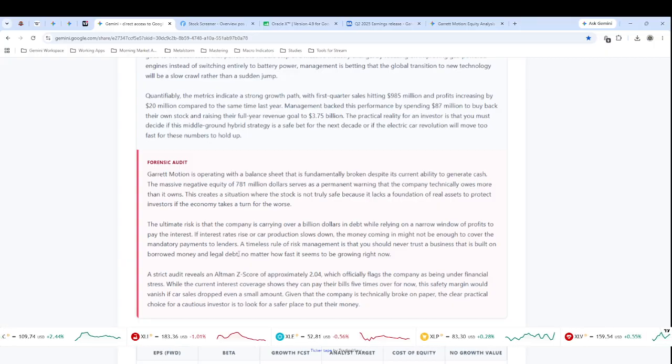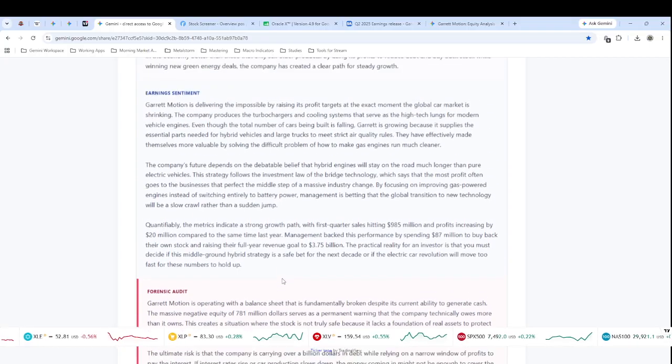If interest rates rise, which we're in an environment where we're trying to get rates down. Timeless rule of risk management: never trust a business that is built on borrowed money and legal debt, no matter how fast it seems to be growing. Altman Z 2.04 officially flags the company as being under financial stress.